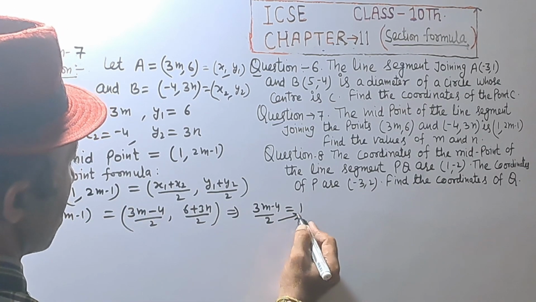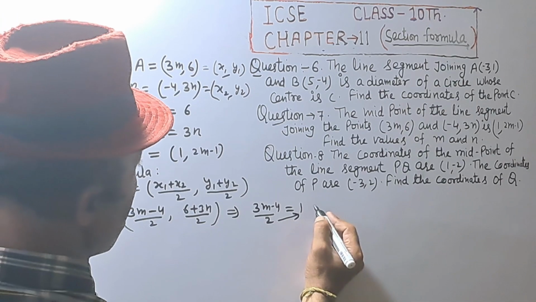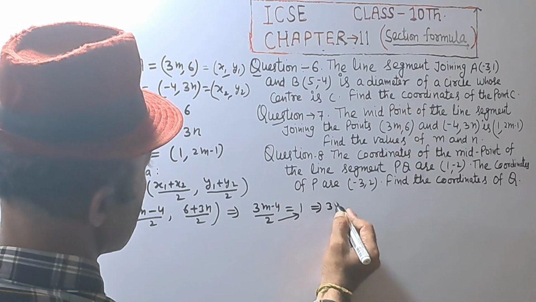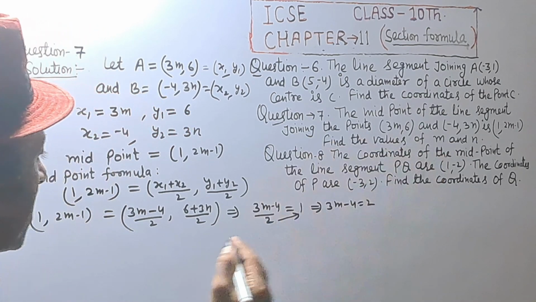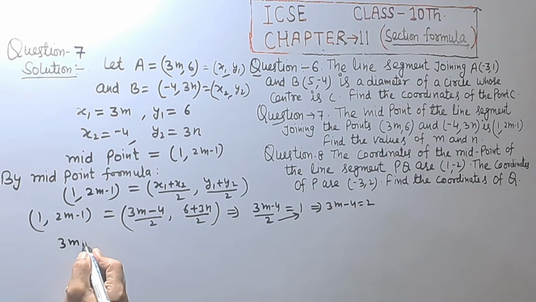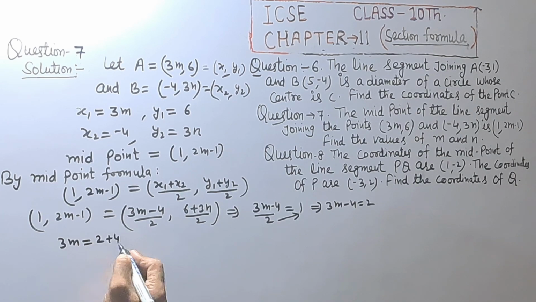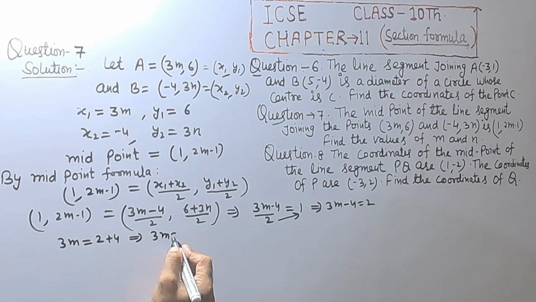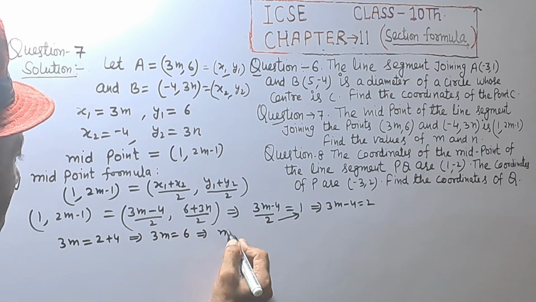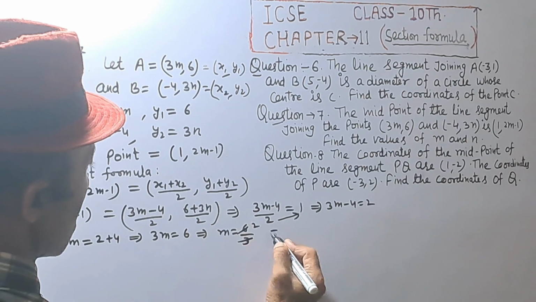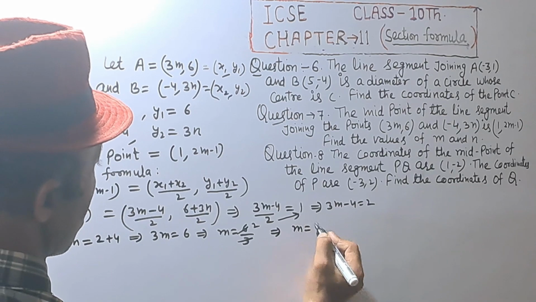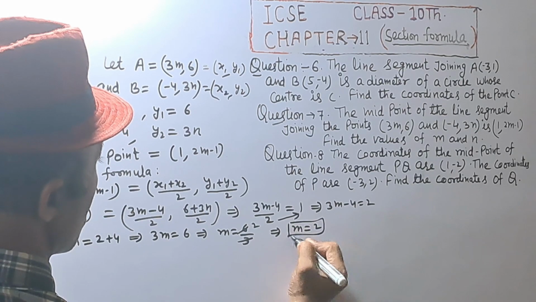The 2 is multiplying on the right side, which implies 3m - 4 is equal to 2, and 4 is shifting to the right side, so 3m is equal to 2 plus 4, which is 6. This implies m is equal to 6 upon 3, that is 2. So we get the value of m is equal to 2.